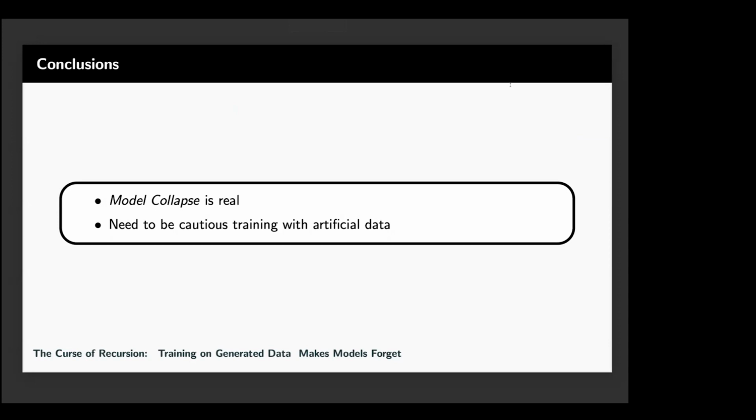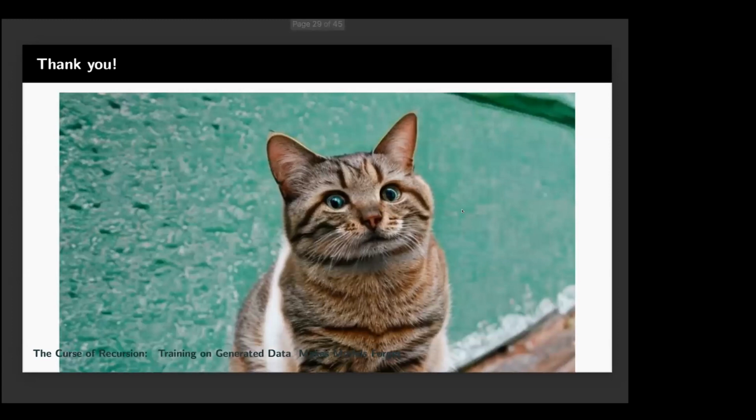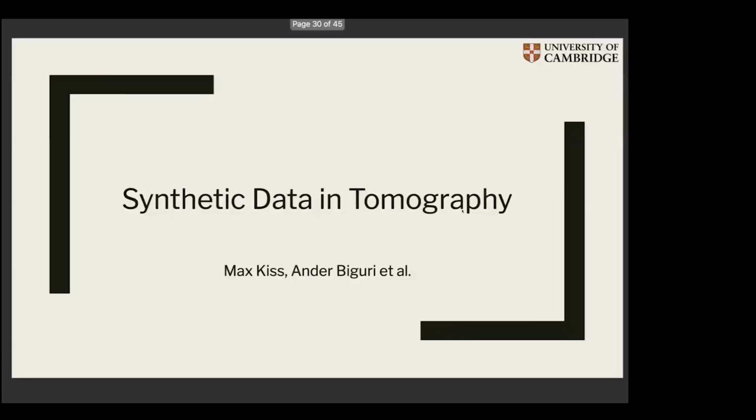But so far, I've shown rather abstract examples. So I want to connect to something that may feel a bit more real for this particular audience, and here is a case study, particularly on synthetic data in tomography. Tomography is something that I personally deal with quite a lot on a day-to-day basis, because it requires quite a bit of mathematics to actually get good tomography images.